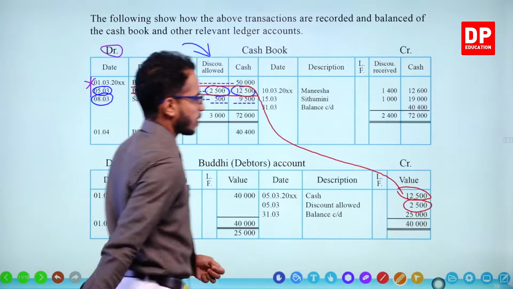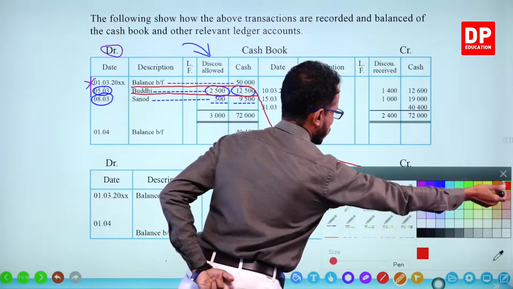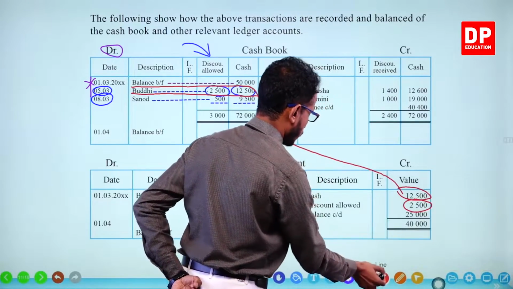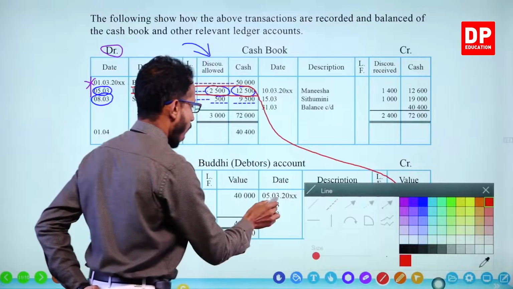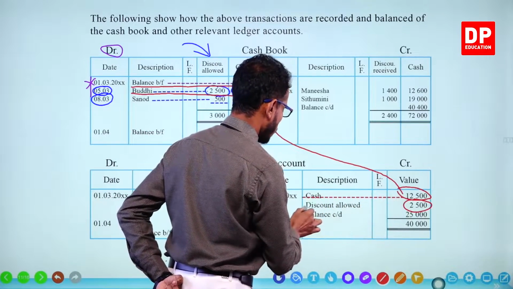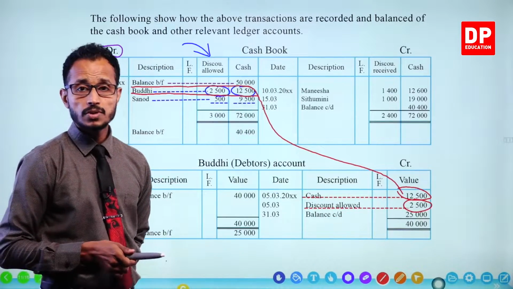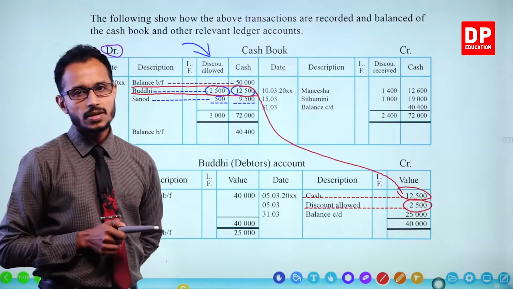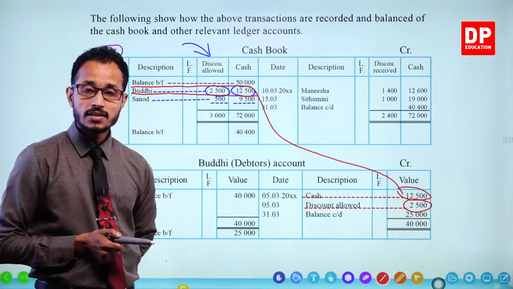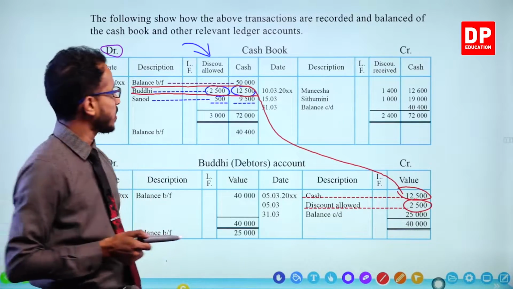So that's that. Cash amount and discounts allowed amount, both are recorded in the credit side of Buddhi's account. That is the double entry, children.